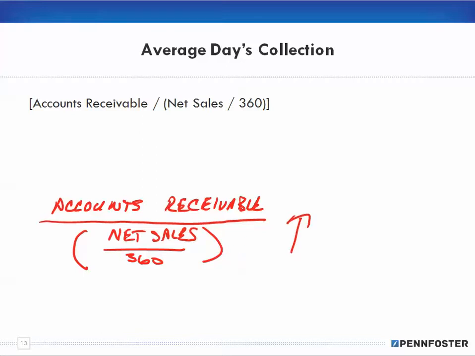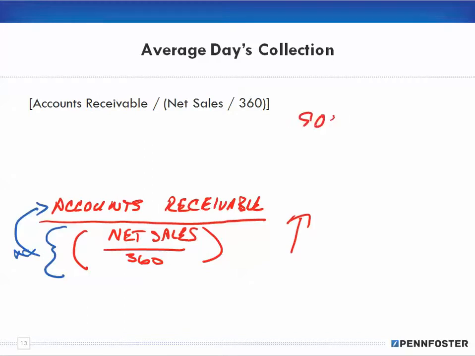Remember that this all here is in the denominator. We have to do that order of operation first, and whatever we get for that amount, then we divide it into the accounts receivable. I'll just use the numbers in the book. I'm not going to do the math.